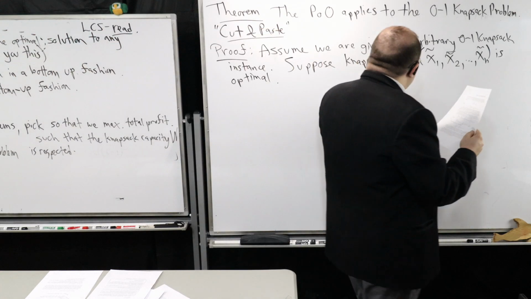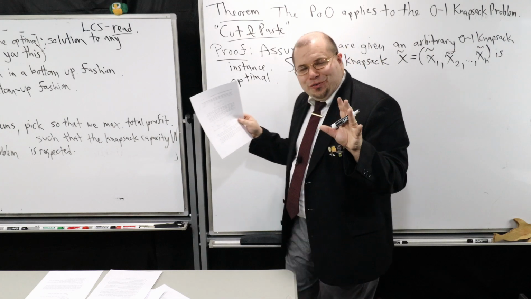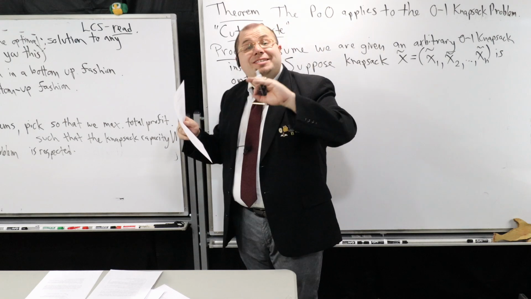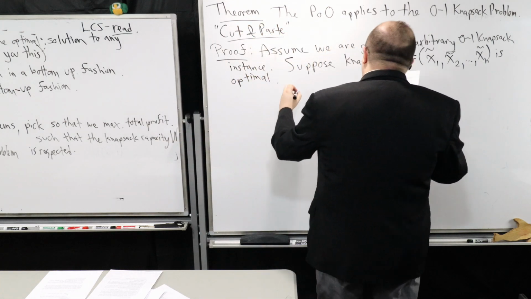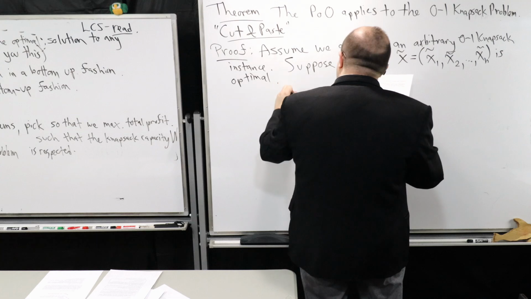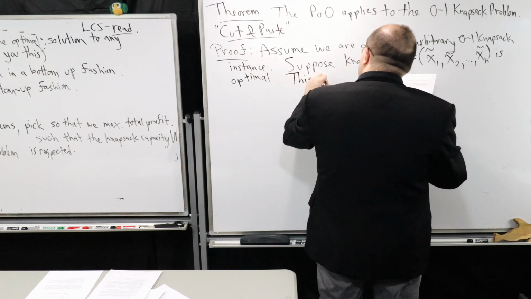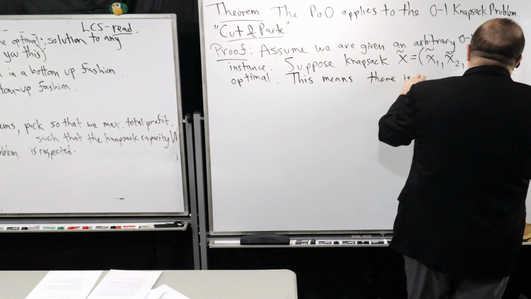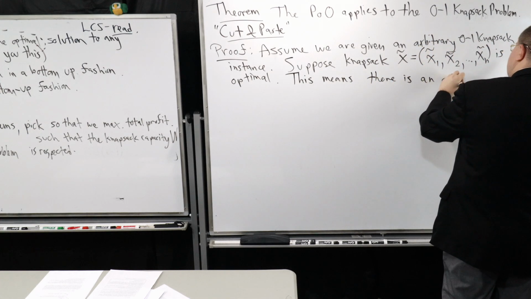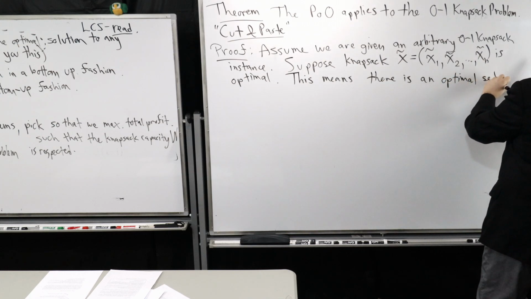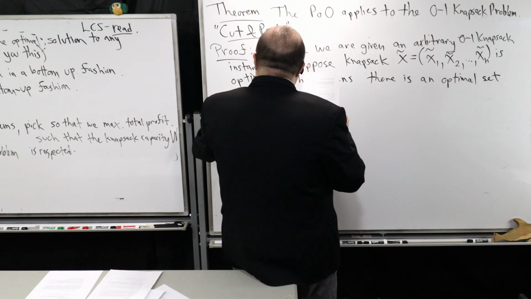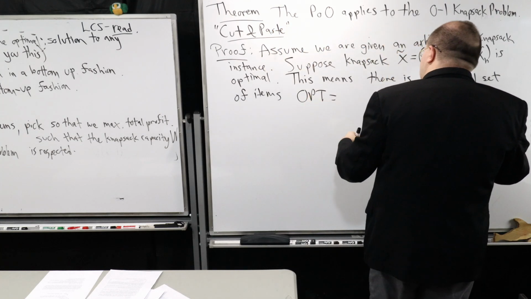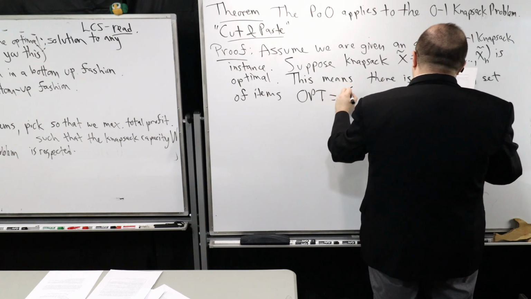I'm just going to give you some notation because I have to set up the proof. Once we do, the proof is dead simple. It's just a matter of writing it out carefully. So this means there is an optimal set of items, opt, which I'm going to refer to as the optimal solution itself.